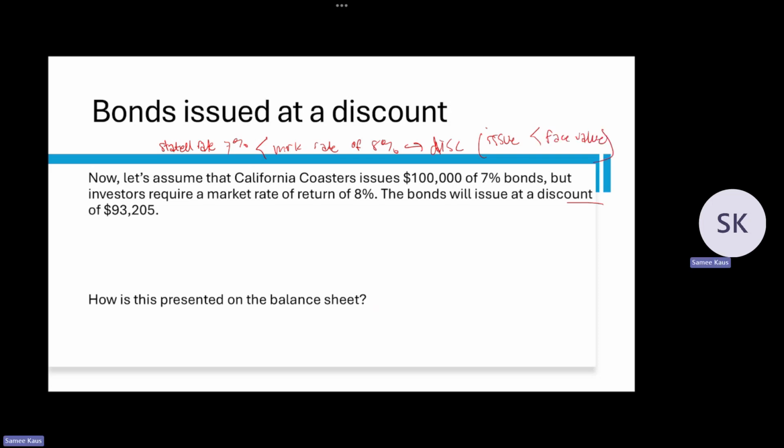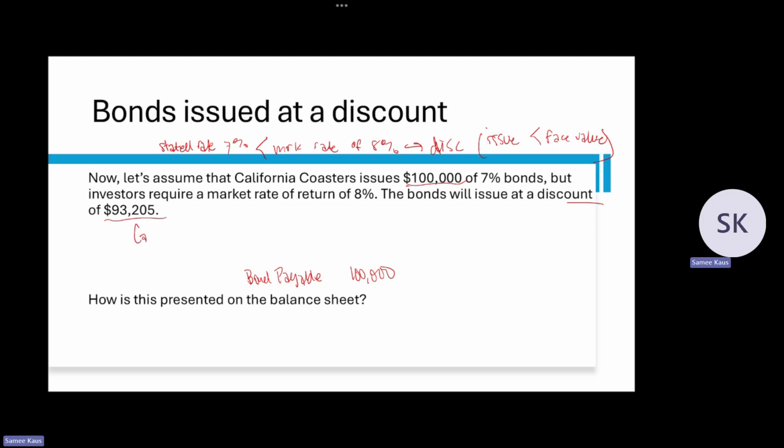So from a journal entry perspective, when I issue this, what I always want to start with is my bond payable. Because my bond payable that I'm establishing, that liability, well, I always put it on my books at the full face value of 100,000. But the bond's issued at 93,205.